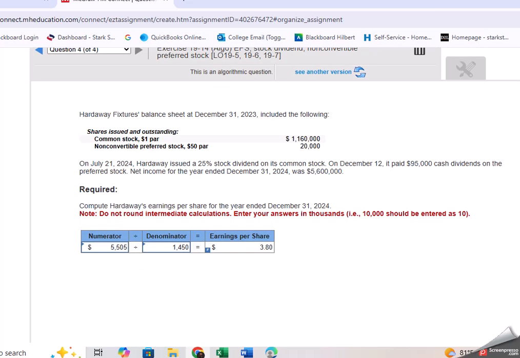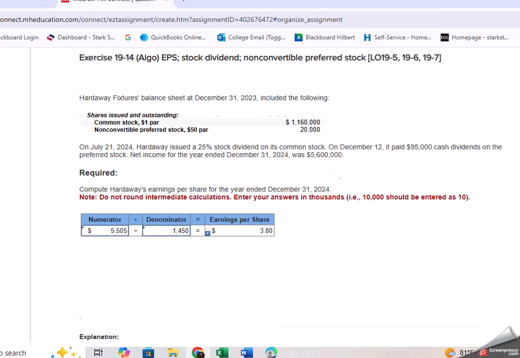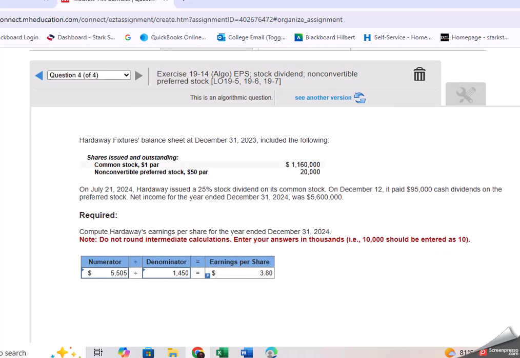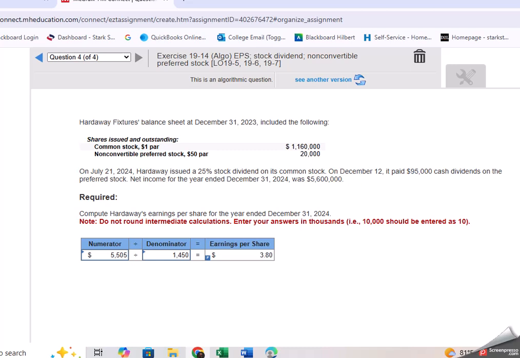So if we're calculating our earnings per share, we've got our numerator, which is going to be the net income for the year, the $5,600,000, less our cash dividends of $95,000. So that leaves us $5,505,000.